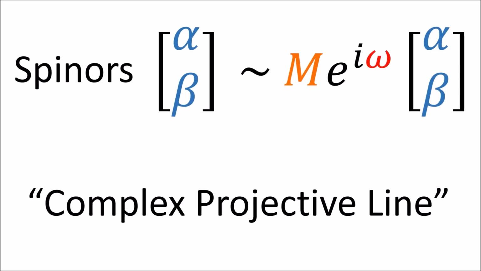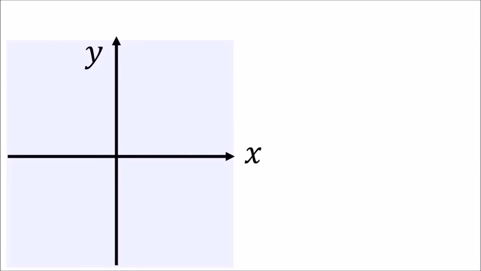The complex projective line is a bit confusing when you first see it, so let's start simple and look at projections in the ordinary two-dimensional space with real numbers, which is the xy plane. Let's imagine that we have a vertical screen at the position x equals 1, and we want to project points onto this screen.